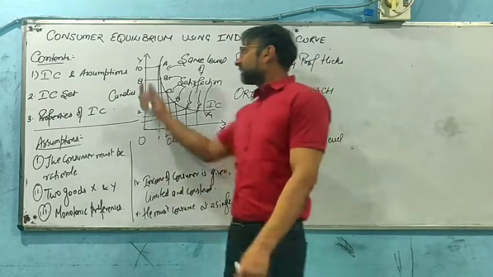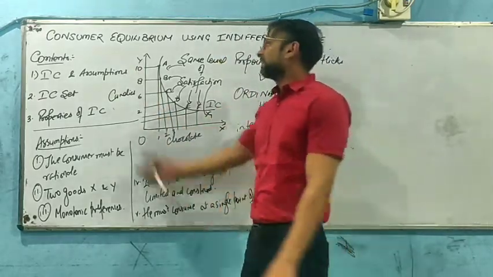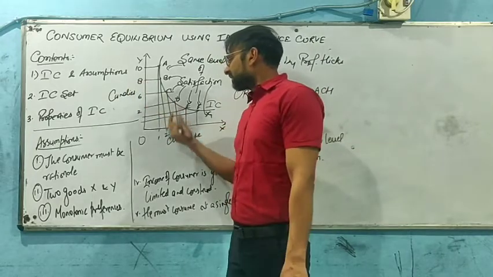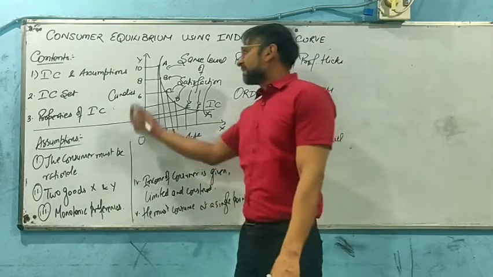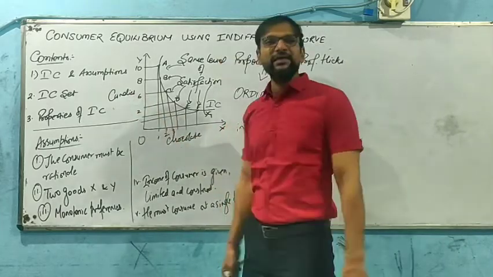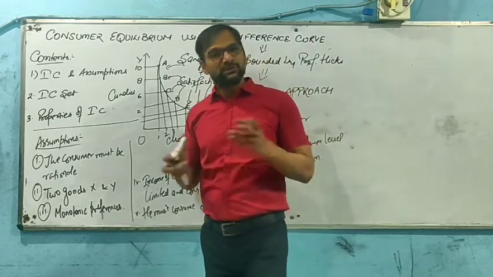It means if 10 candies and 1 chocolate give him some level of satisfaction, 8 candies and 2 chocolates will give him the same level of satisfaction. 6 candies and 3 chocolates again will give him the same level of satisfaction, and so on.